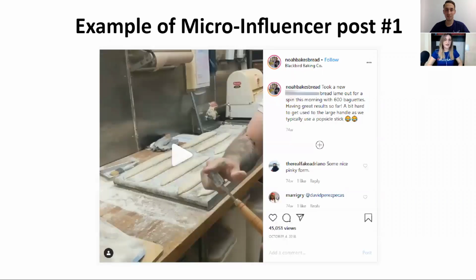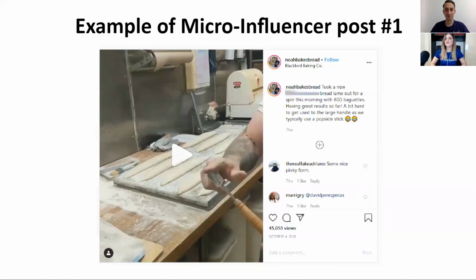Here we have some examples for this particular bread brand that we had as a client and we still have. This is Noah Bakes Bread, the top one micro influencer for this particular seller. With almost no reviews, we managed to double the sales when this micro influencer posts, because he is like a role model for the entire niche.